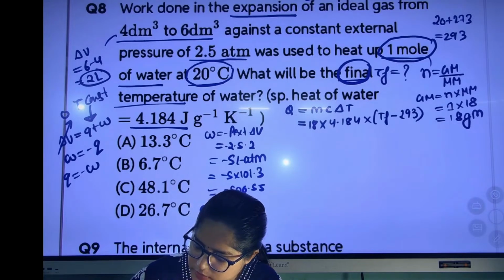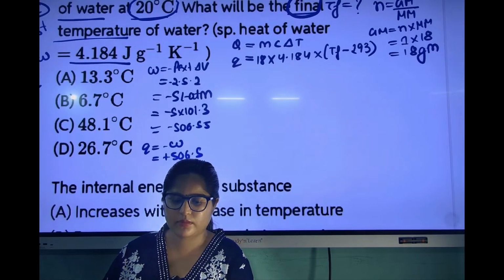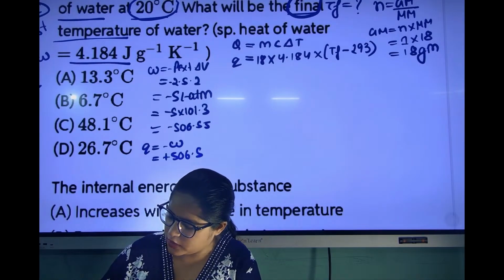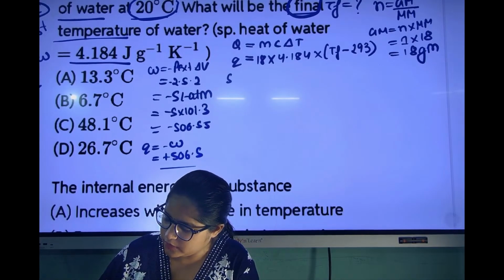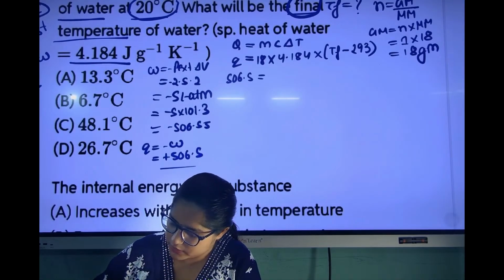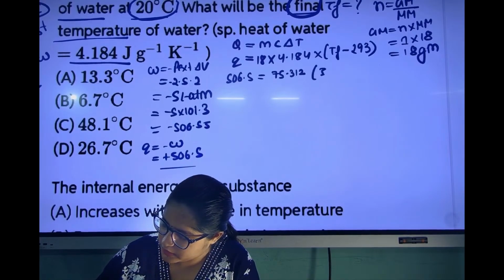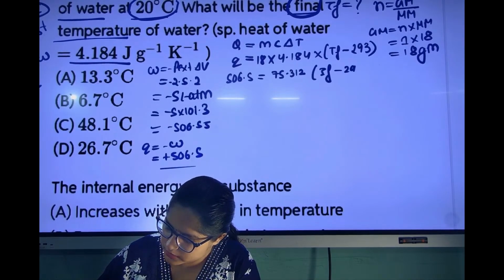Now let us solve here. Q, how much have we got? 506.5 equals 18 into 4.184 into (T final minus 293).